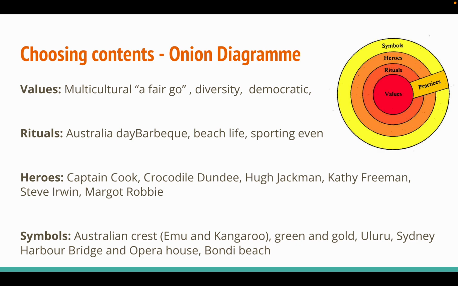Some heroes are Captain Cook, Crocodile Dundee, Hugh Jackman, Cathy Freeman, Steve Irwin, and Margot Robbie. Some symbols are the Australian crest, green and gold, Uluru, Sydney Harbour Bridge and Opera House, some architecture, as well as the iconic Bondi Beach.